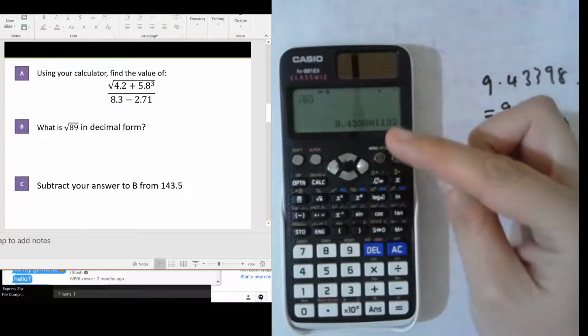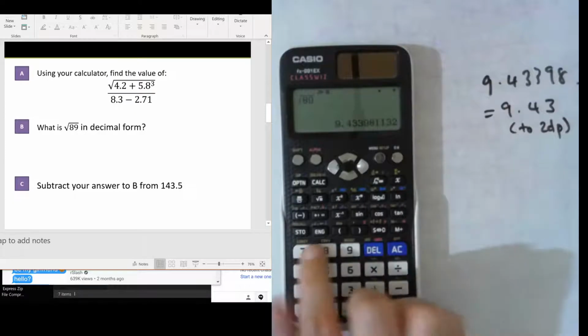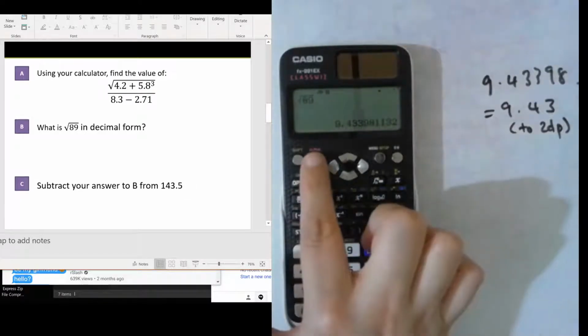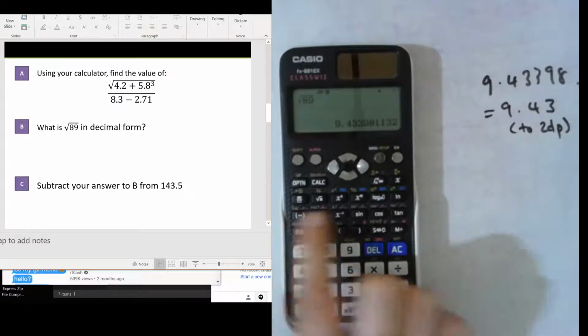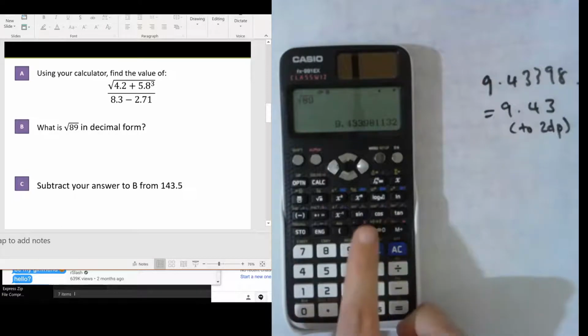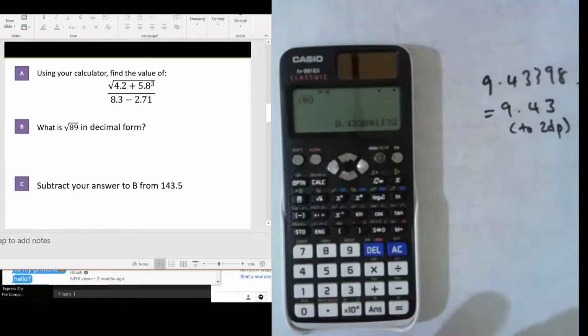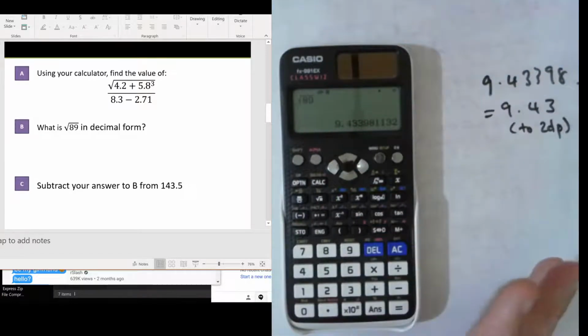So rather than using this number, you would store it into one of the memories. A lot of calculators have a lot of memories now. So you've got the alpha button and you've got store and recall. You can store it into those different memories, which are A, B, C, D, E, F, and then you've got X, Y, and M as well. So that alpha key is essential. It basically gives you access to the different letters that you have.